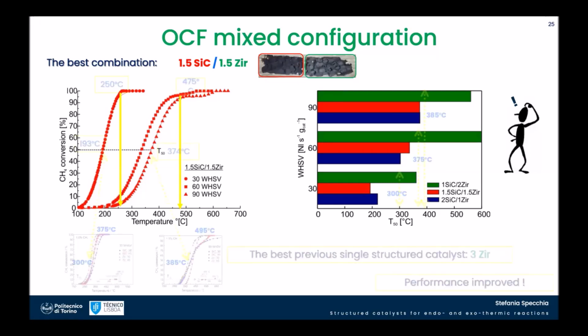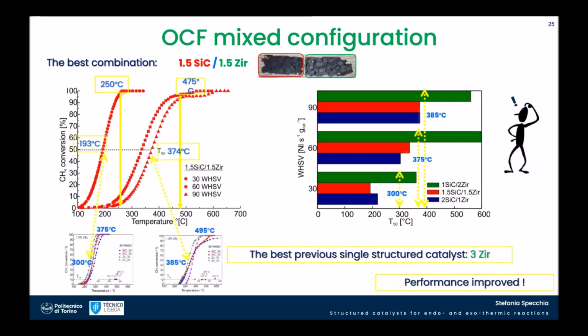And here there's a comparison, because with this half and half we were able to reach less than 200 as T50, whereas we were at 300, and we reach full conversion at 250 compared to 375.